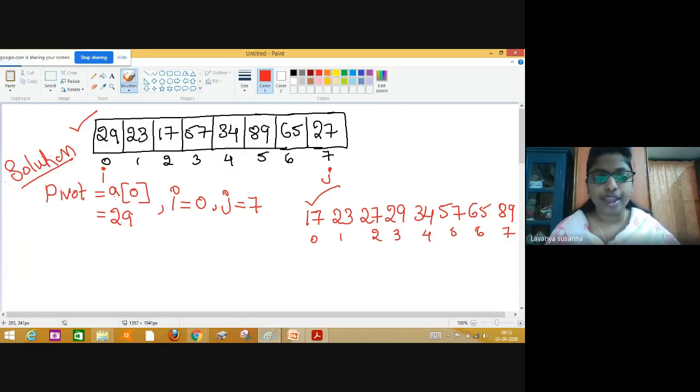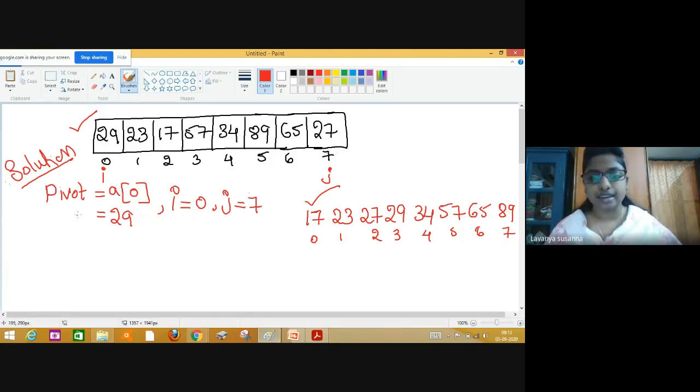Pivot equal to A of 0. Always pivot will be the first element. What is the first element? 29. And next, take another variable I equal to 0. I equal to 0 means I is pointing to 0th index. J equal to 7. J is a variable which is pointing to 7th index.